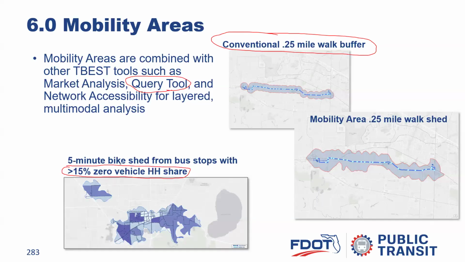From that selection, we can then create a 5-minute bike shed from those stops, right? Once we make the selection, we can create the bike shed, and it might look something like what this map is below, where we can create the shed and then perform a market analysis on it, right?